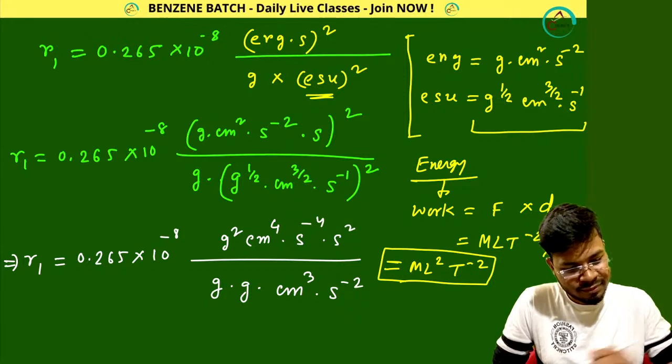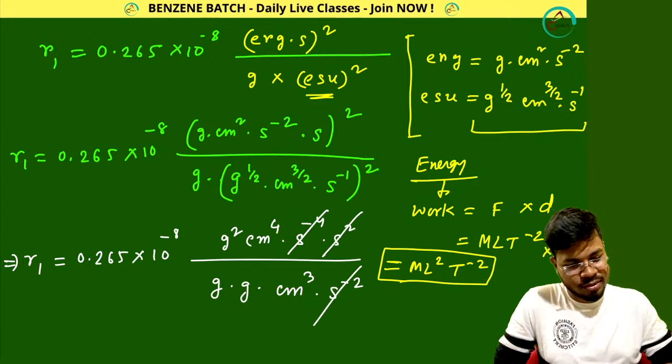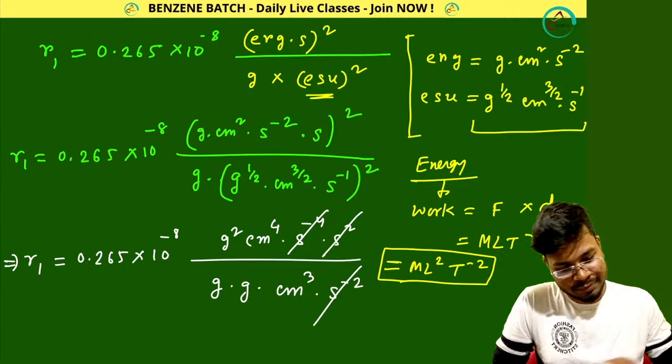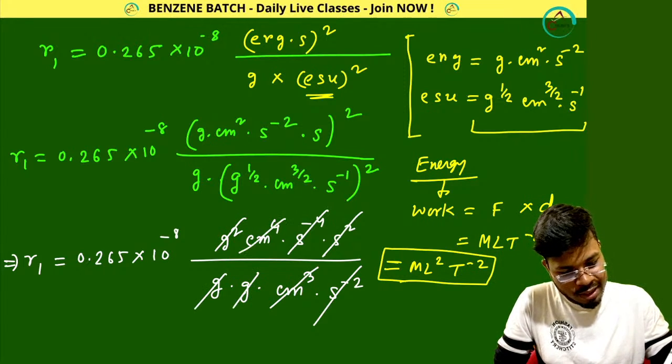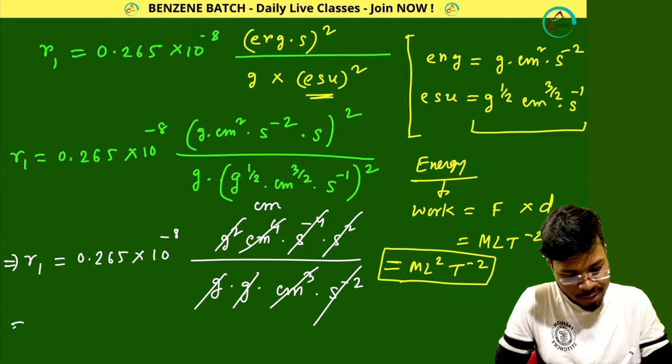This will get cut: gram square cancels, centimeter cube cancels with centimeter, and only 1 centimeter will be left.